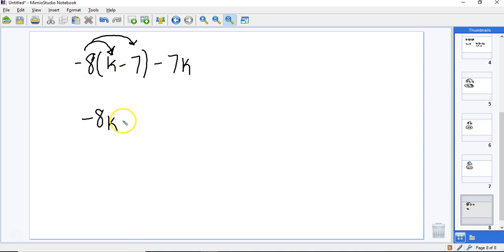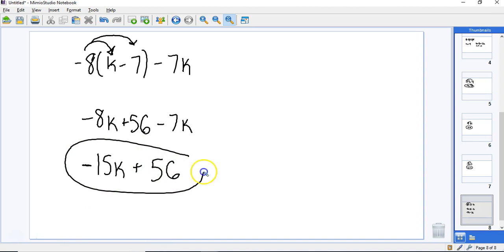Two negatives multiplying is positive, so positive 56, and then I've got minus 7k. Since they are both negatives, it's basically adding them together. So 8 plus 7 is 15k, and they're both negative, so it's negative 15k plus 56. Bada bing, bada boom, you got your answer. No more like terms.